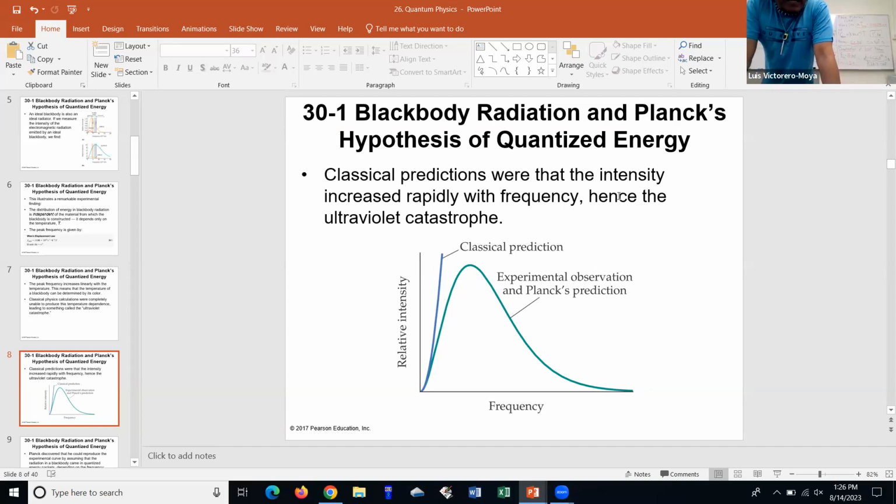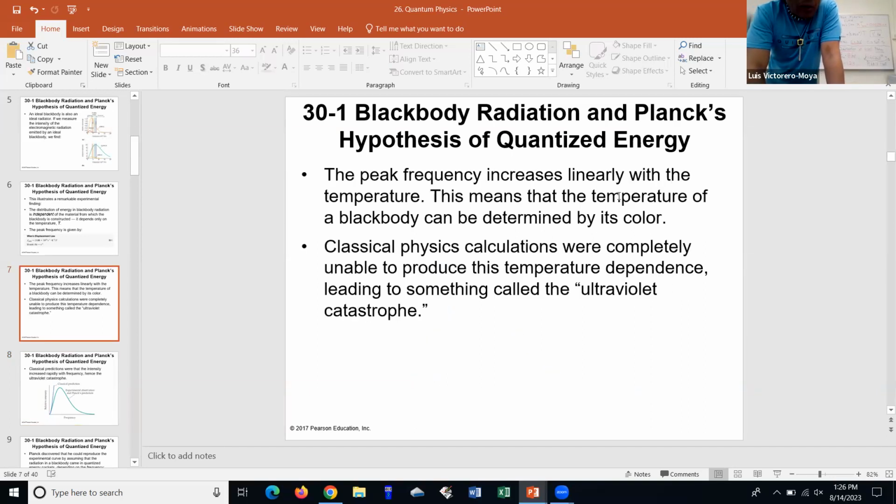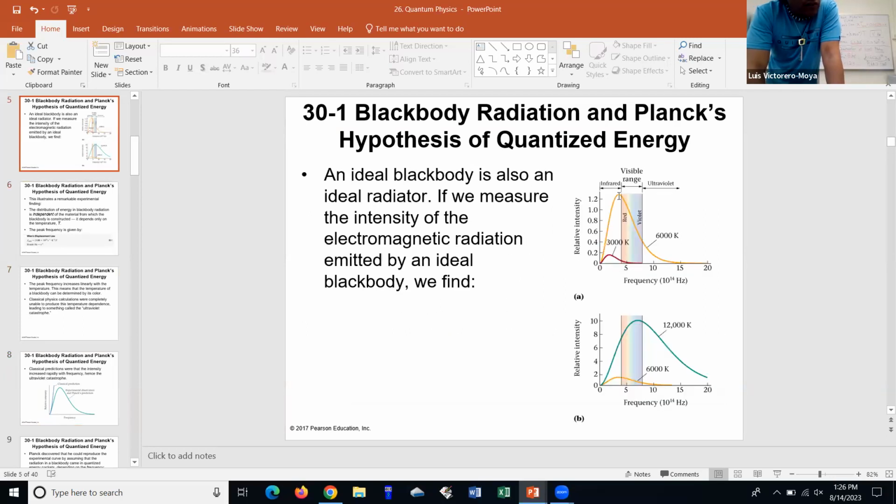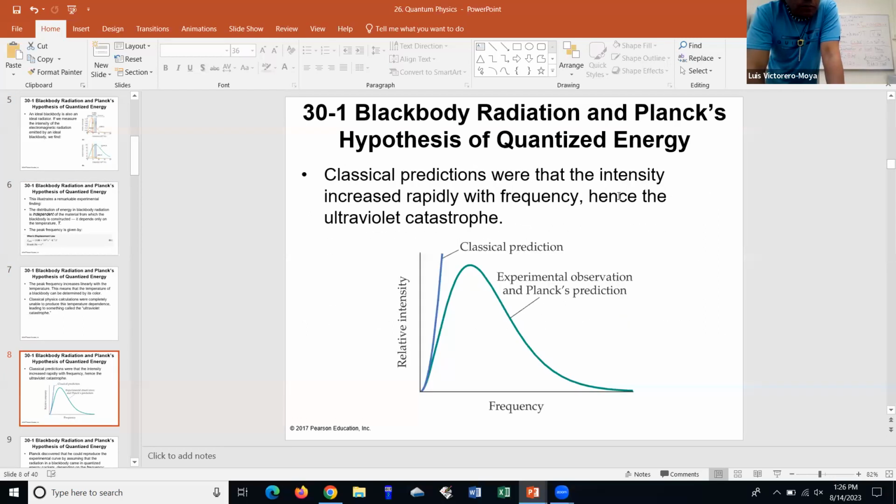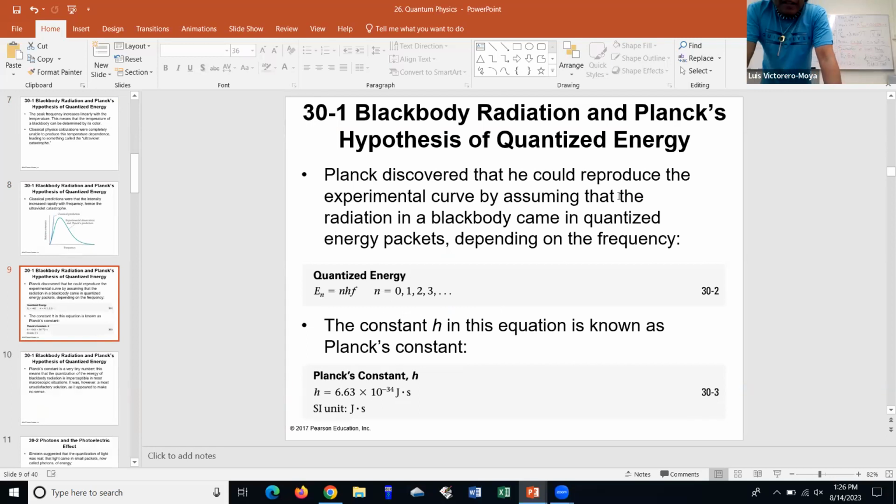The classical prediction, however, has a huge discrepancy, which allows us to change our classical predictions to the quantum predictions given by this. And here is the discovery from Planck, the fact that the energy is quantized and depends on frequency or wavelength.